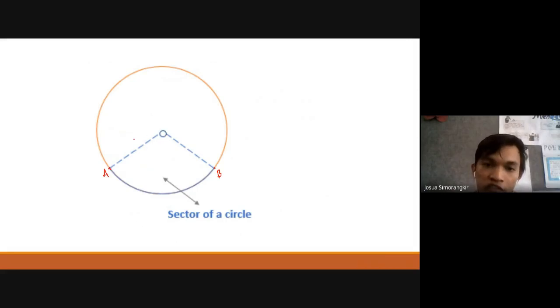This is the radius, as we have studied before: the distance from the circumference to the center of the circle. The center point is O, and we need to give a name for each point. If we see here the area, we call it a sector. So this is the sector of a circle.